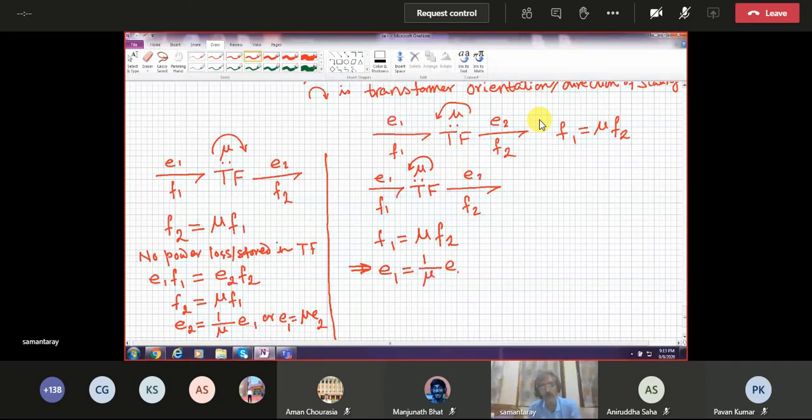Or conversely, we write F1 is equal to mu F2 and E2 is equal to mu E1. Cross multiply, and you get E1 F1 equal to E2 F2.